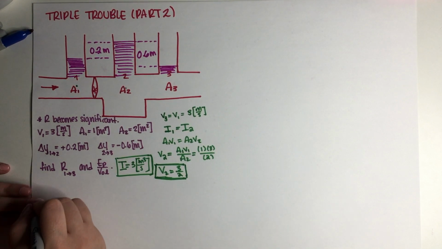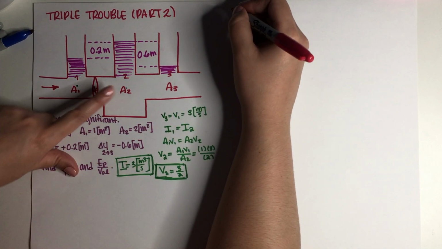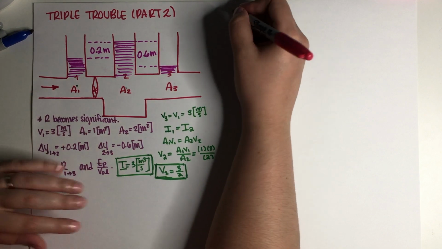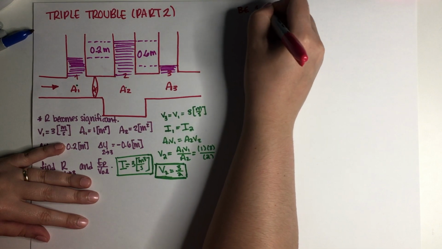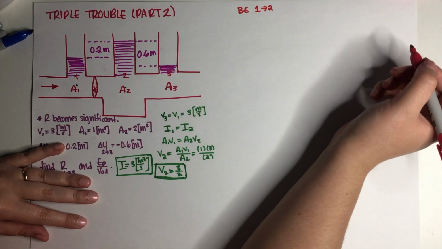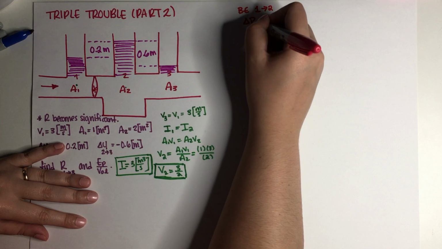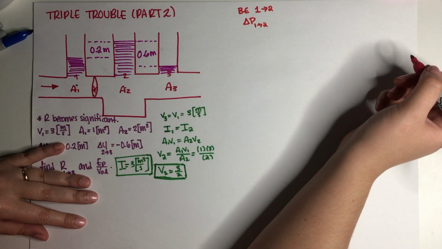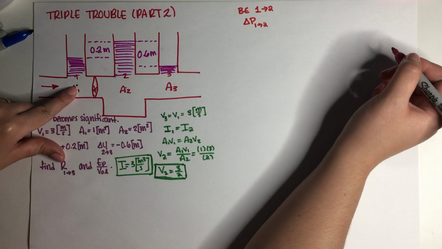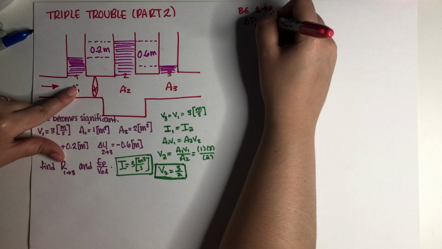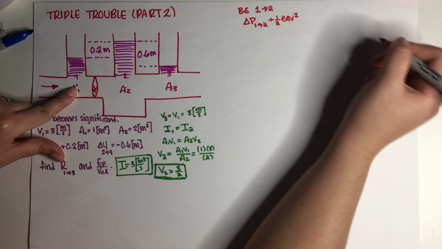So let's just start by comparing points 1 and 2 and then 2 to 3. So Bernoulli from 1 to 2. Now this will be delta P, start at 1 end at 2. Now again, I don't have a change in height. I do have a change in area, so this is 1/2 rho delta V squared.